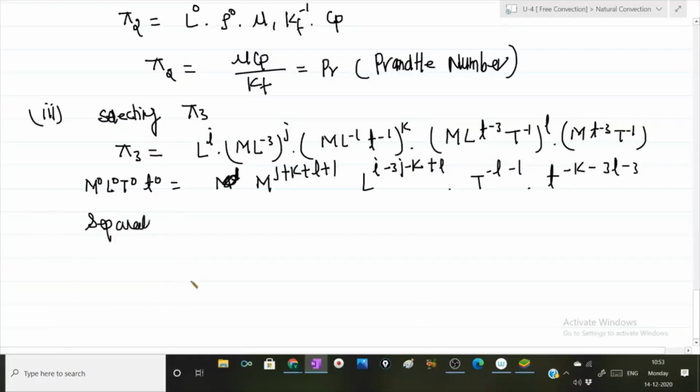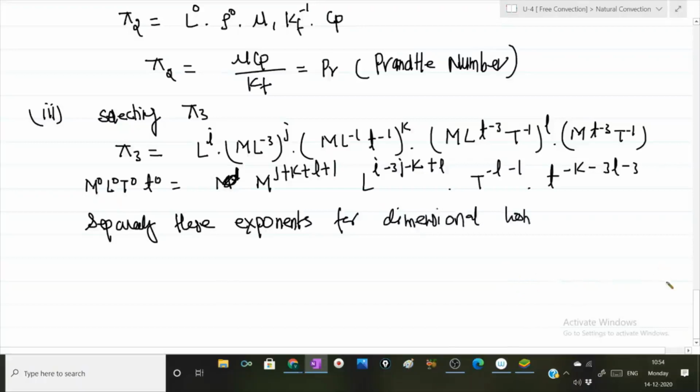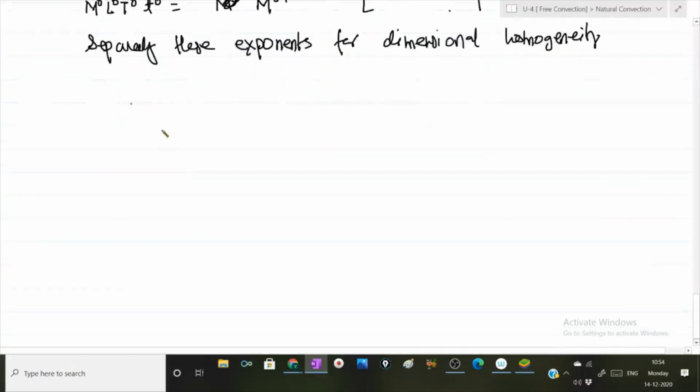Now once again separating these exponents for dimensional homogeneity. So for M it can be expressed as 0 is equal to j plus k plus l plus 1.